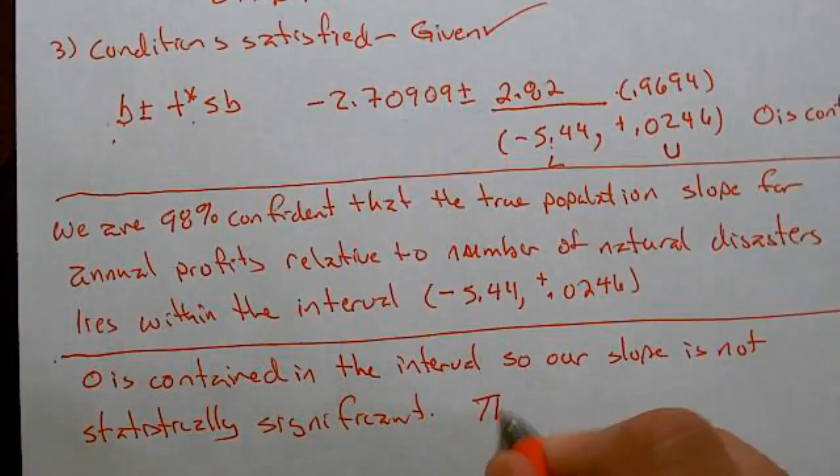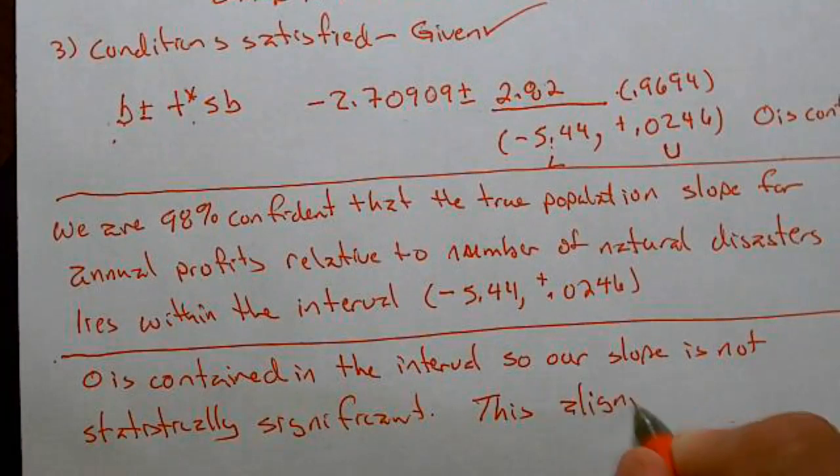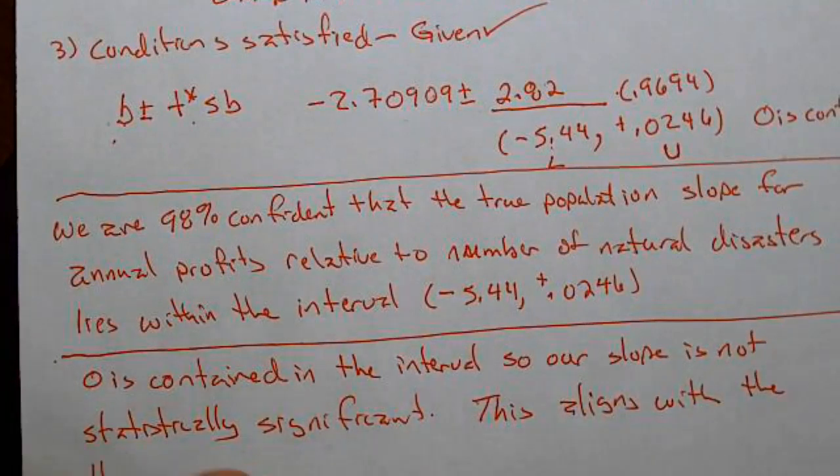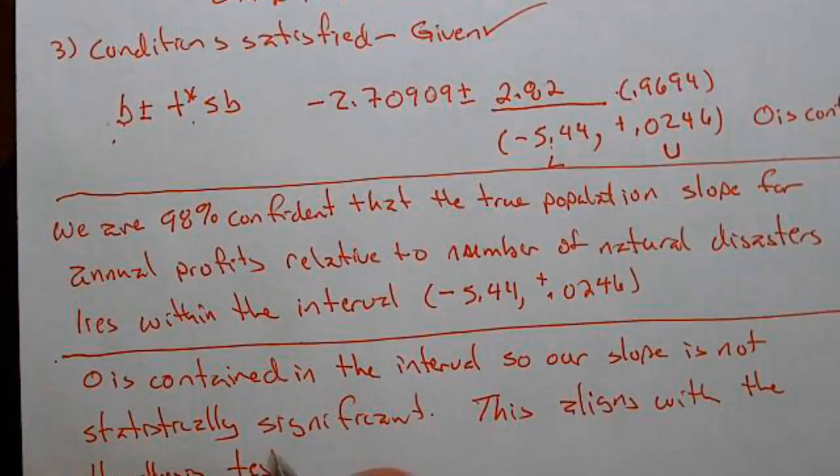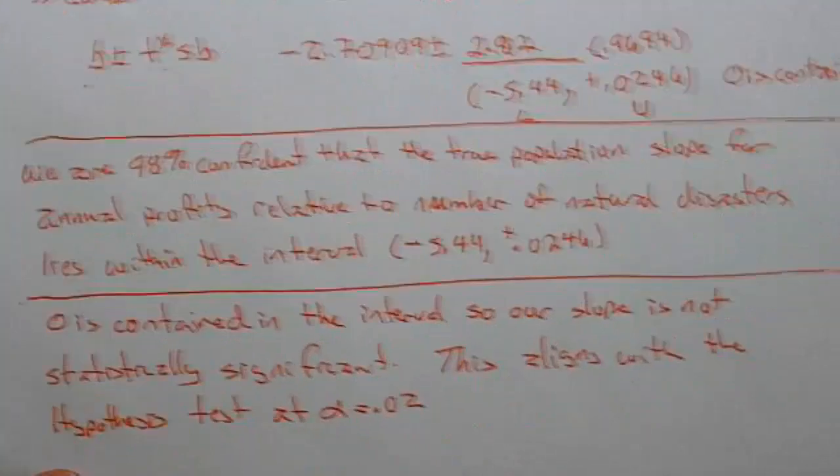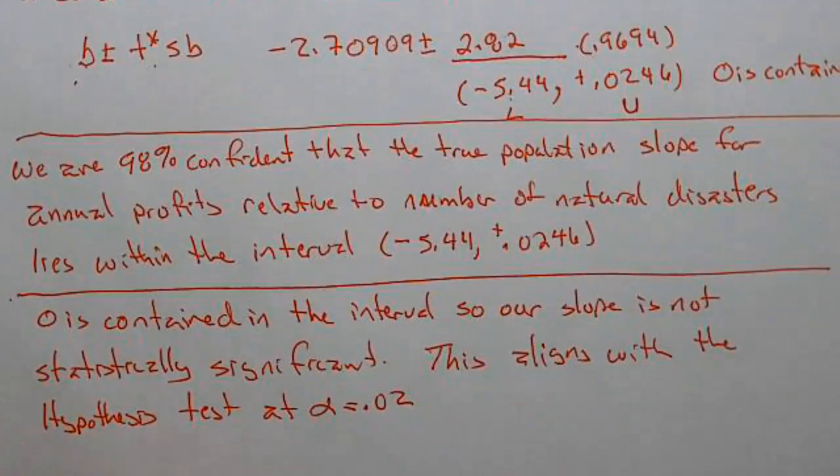This aligns with the hypothesis test at alpha equal 0.02. Because that's what we ran. It's a hypothesis test at alpha equal 0.02.